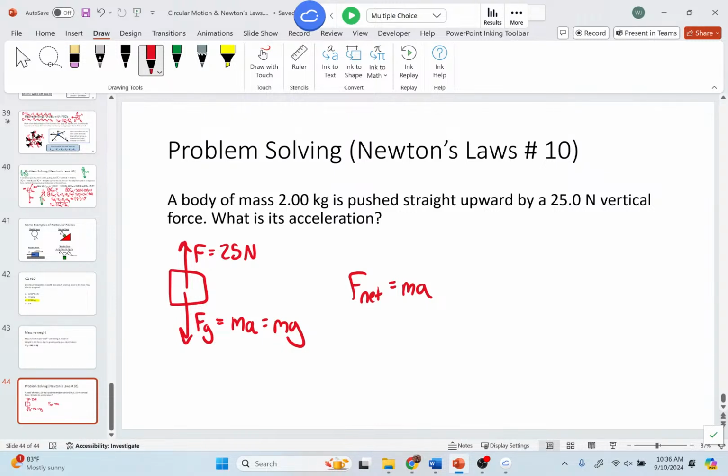It was hidden in this problem. It was subtle, but it was not just one force acting on it. So your a here is going to be equal to... M is 2 kilograms. Let's just call this F1 equals 25 newtons.